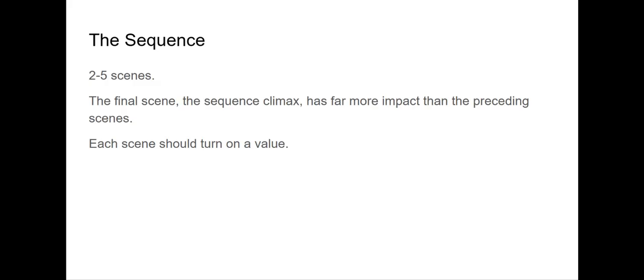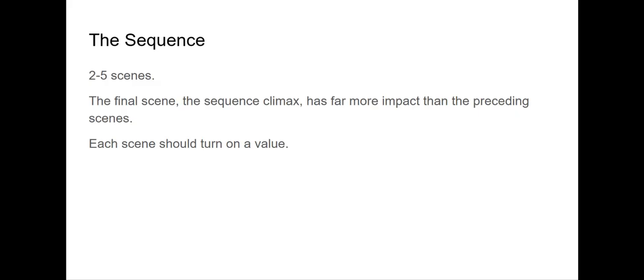The sequence, 2 to 5 scenes. The final scene is the sequence climax. And it has far more impact than the preceding scenes. So scene 1, the intensity could be like a level 3. Scene 2, the intensity could be like a level 4. And then scene 5, or I say scene 3, the final scene could be an intensity level 10. Okay?